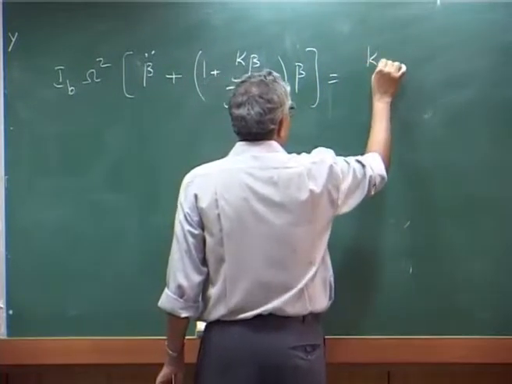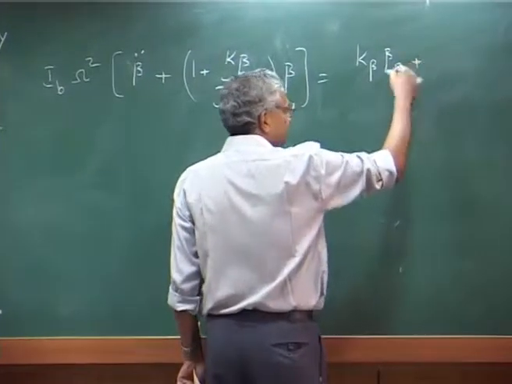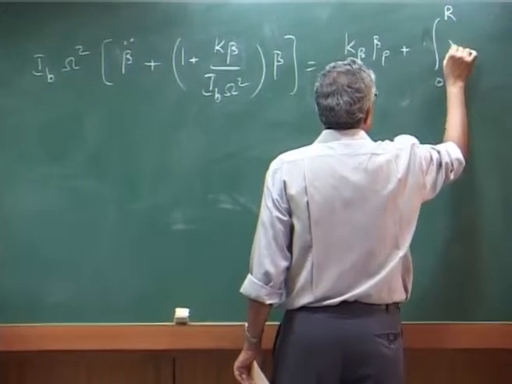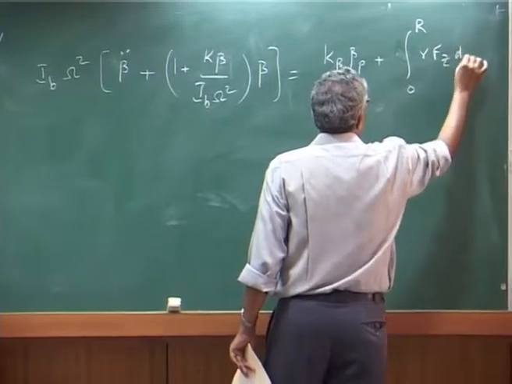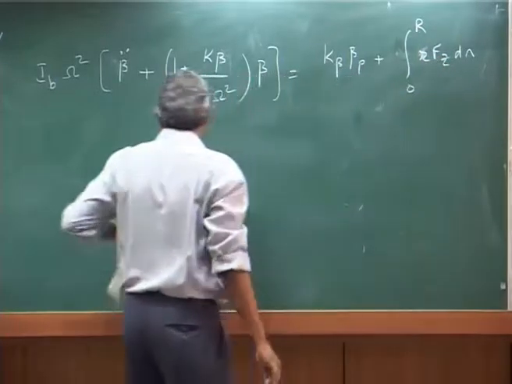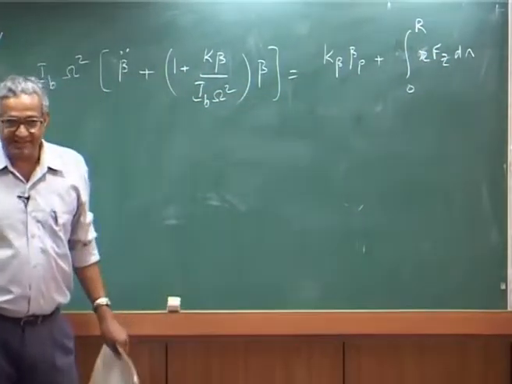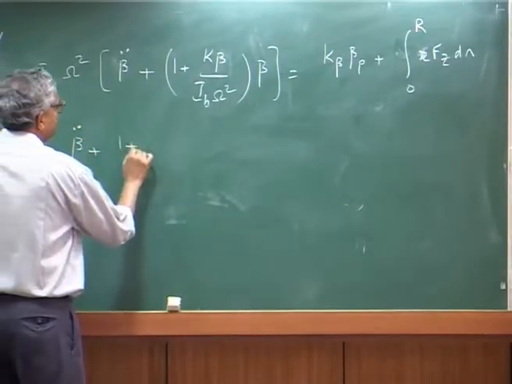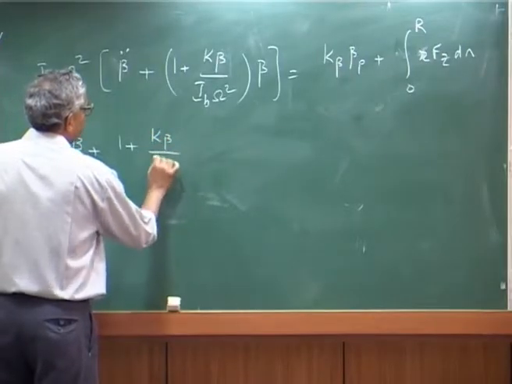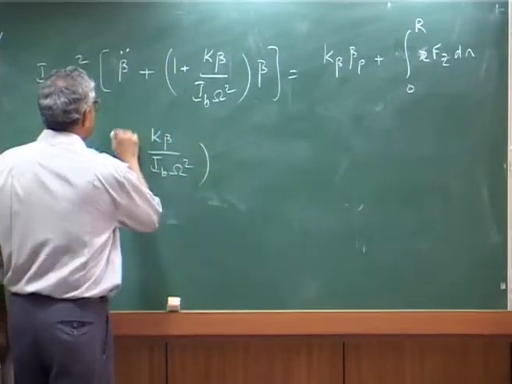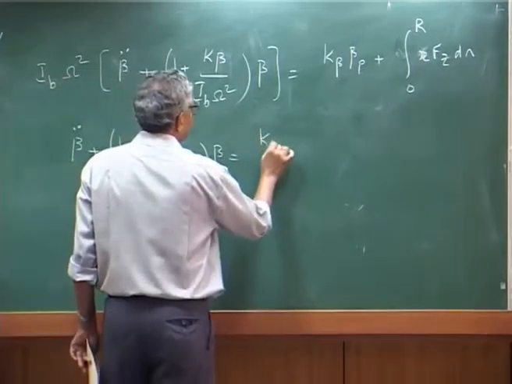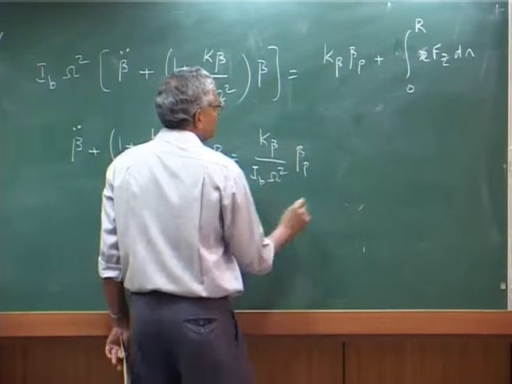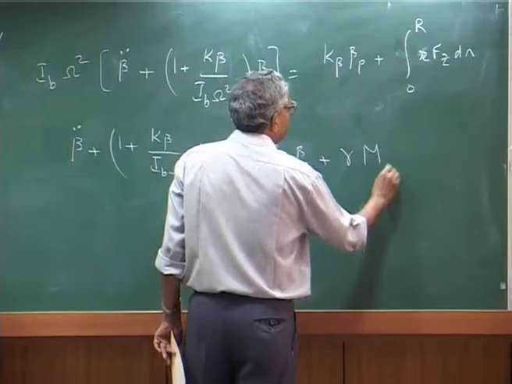Here you will have again k_beta beta_p plus your integral F_z dr. Now, I make it completely non-dimensional, then this will become beta double dot plus 1 plus k_beta over I_b omega square beta plus gamma M_f.